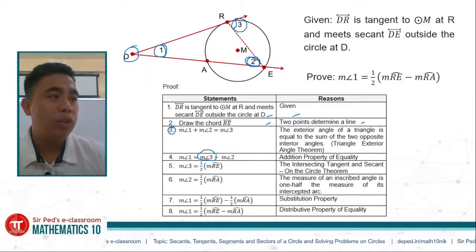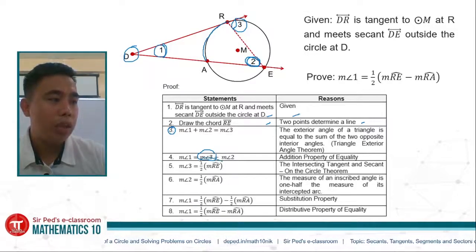For angle 2, we're going to use the inscribed angle theorem: the measure of the inscribed angle, angle 2, is equal to 1/2 of its intercepted arc, RA. So, the measure of angle 1 by substitution is equal to, since angle 3 is equal to this, 1/2 of the measure of RE.